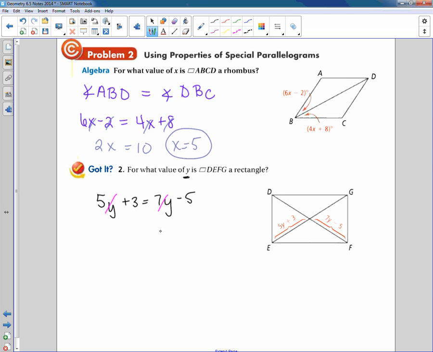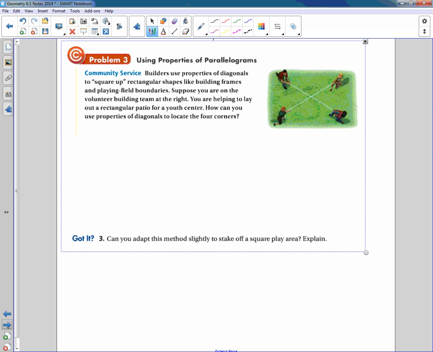So that means that 2y is equal to what? 8. So y would equal what? 4. So in order for DEFG to be a rectangle, y must equal 4.